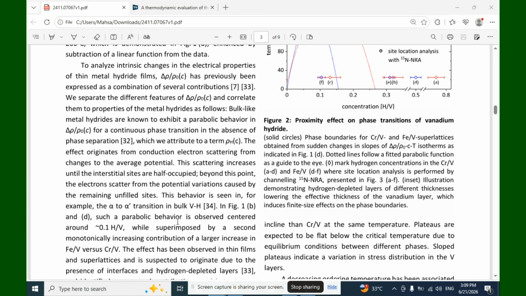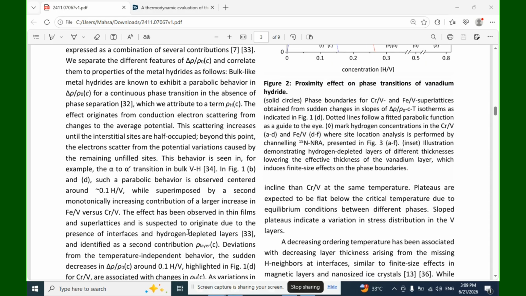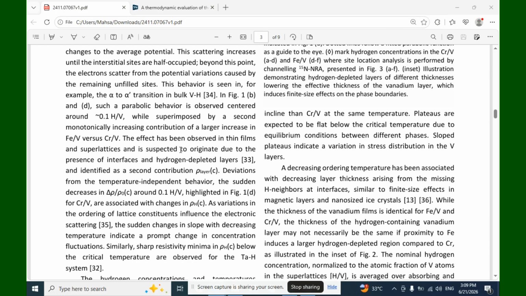This behavior is seen in, for example, the alpha to alpha prime transition in bulk VH in figures 1b and 2d. Such a parabolic behavior is observed centered around 0.1 H per V, while superimposed by a second, monotonically increasing contribution of a large increase in Fermi V versus chrome V. The effect has been observed in thin films and superlattices and is suspected to originate from the presence of interfaces and hydrogen depleted layers, identified as a second contribution, rho layer.